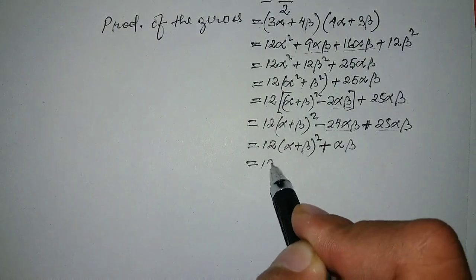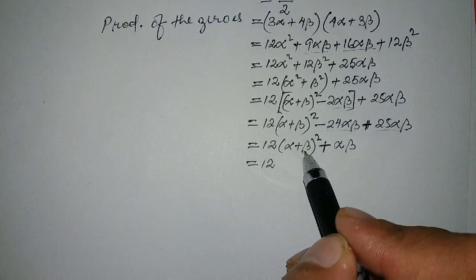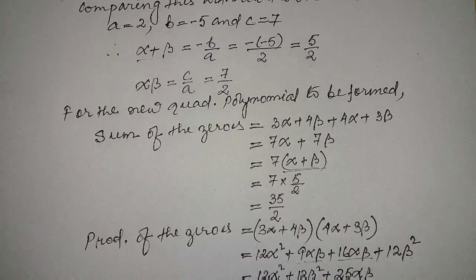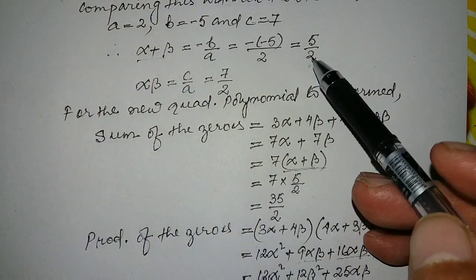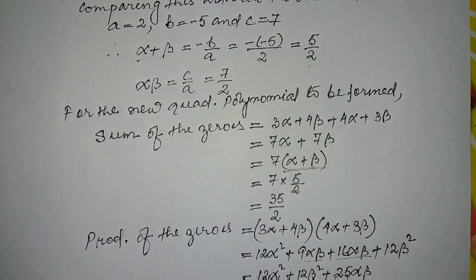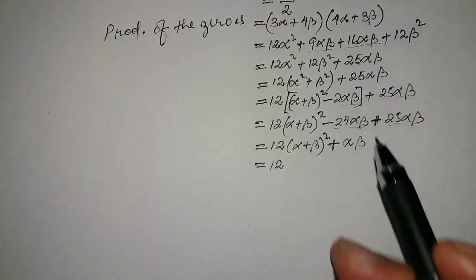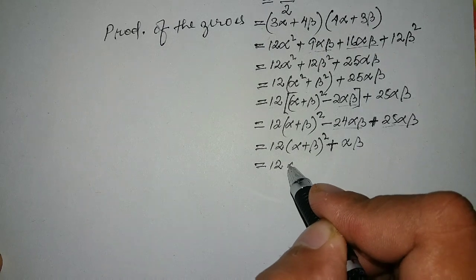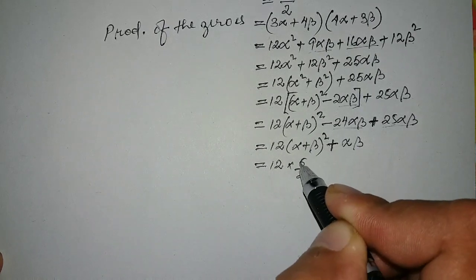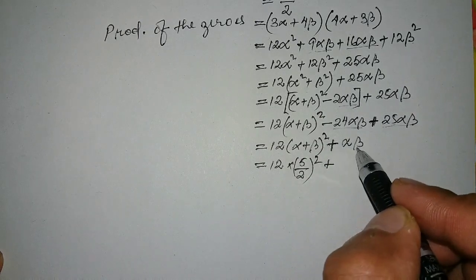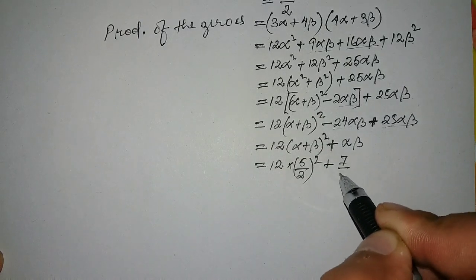Now we can substitute the value of alpha plus beta. Alpha plus beta is 5 by 2 and alpha beta is 7 by 2. So we're going to substitute that value here. So this is (5 by 2) whole square, plus alpha beta is again 7 by 2.